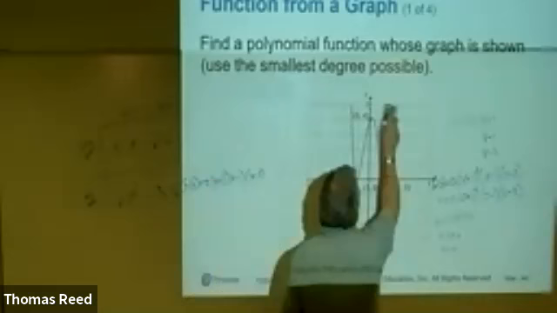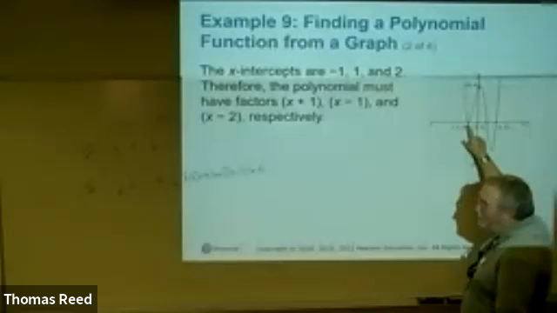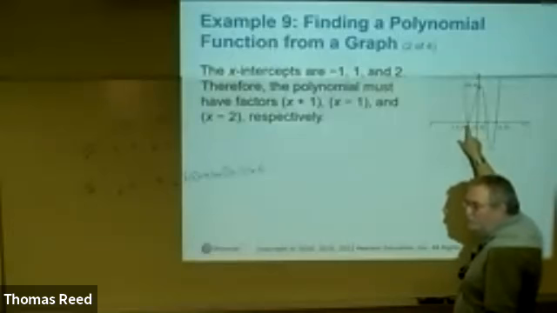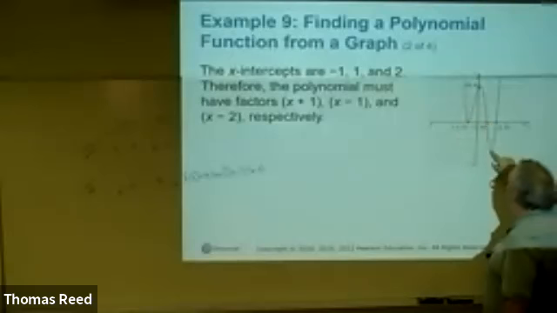So we'll see. Okay, so they have those factors. All right, we have 2 zeros at x equals negative 1. So that means we have 1, 2, 3 turning points.